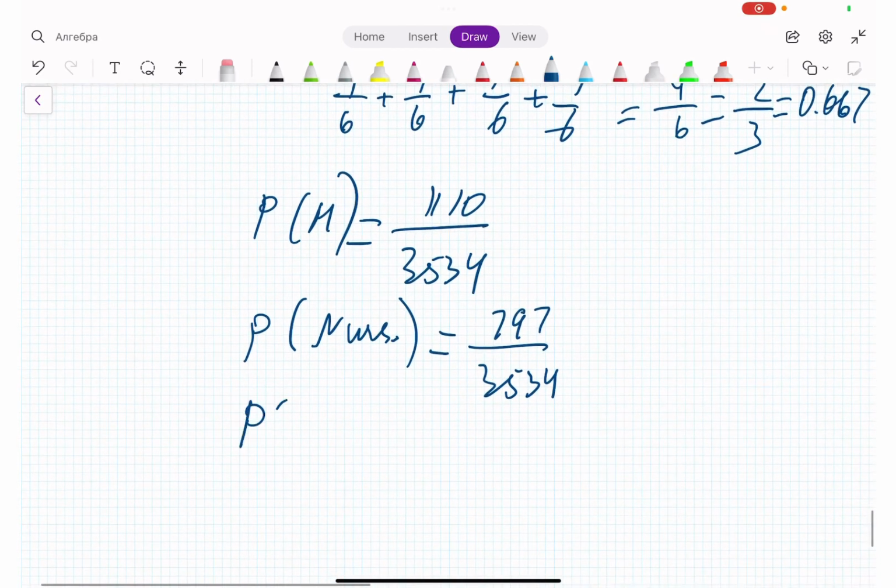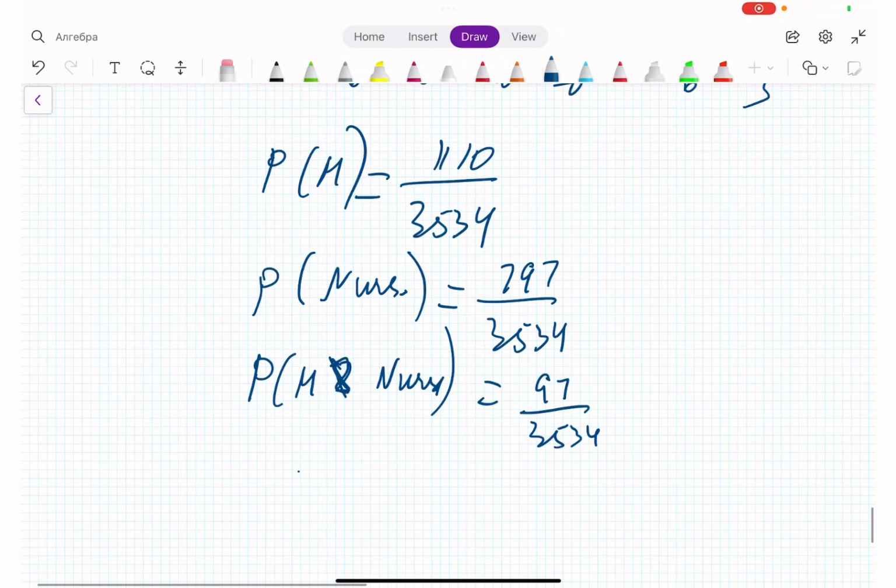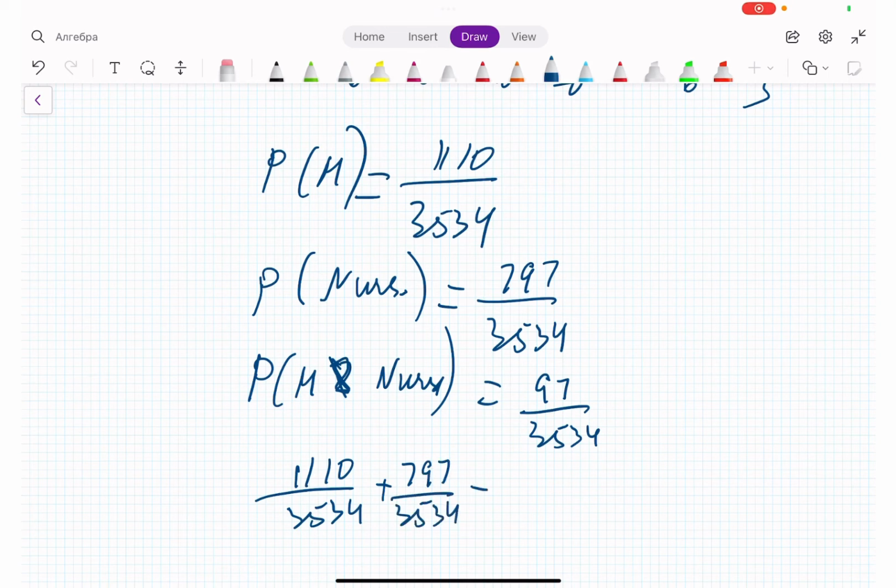So probability of male and nurse, this is and, it's going to be 97 over 3534. So from here, 1110 over 3534 plus 797 over 3534 minus 97 over 3534. Let's do the math.